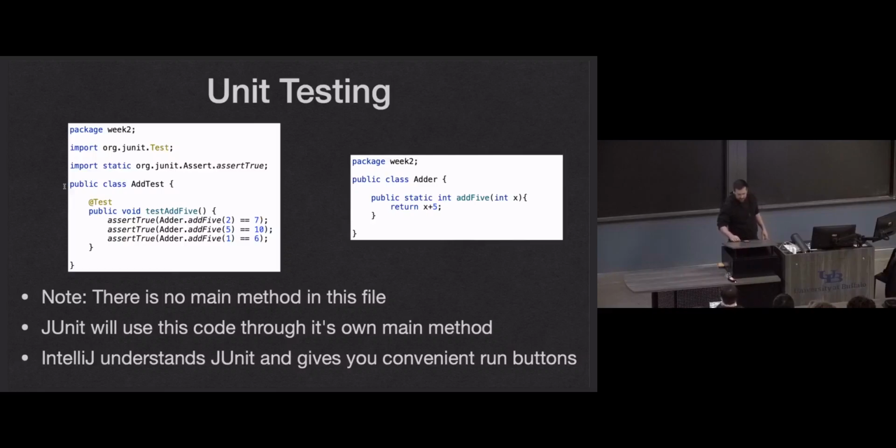Why is the testing method not static? I'll give a little bit more detail on this since we got a question. This is not a static method, meaning that we have to create an instance of this class in order to run this code. The short answer is that's the way JUnit works. When the testRunner is run, it's going to create an instance of this class, an object of type add test, and then call the methods through that object.